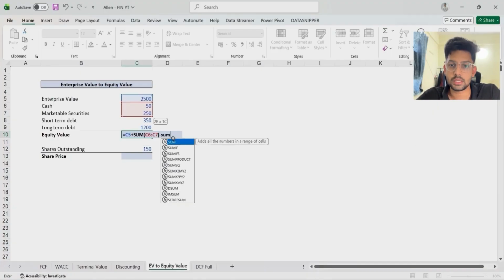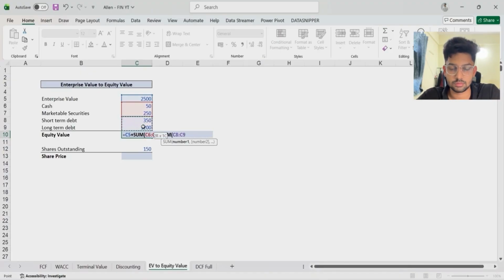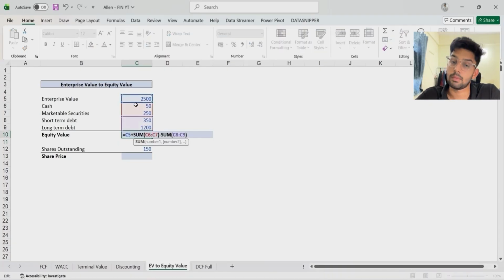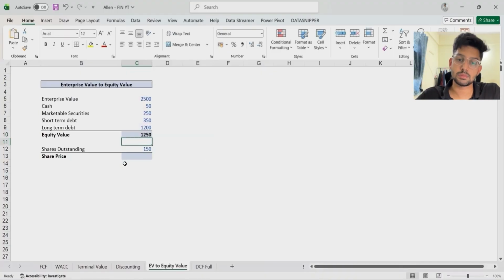So to convert enterprise value to equity value, we adjust for debt and cash. The formula is equity value equals enterprise value plus cash minus debt. So in this Excel, I take the enterprise value, add cash and marketable securities, and then subtract short-term and long-term debt. This gives me the equity value.